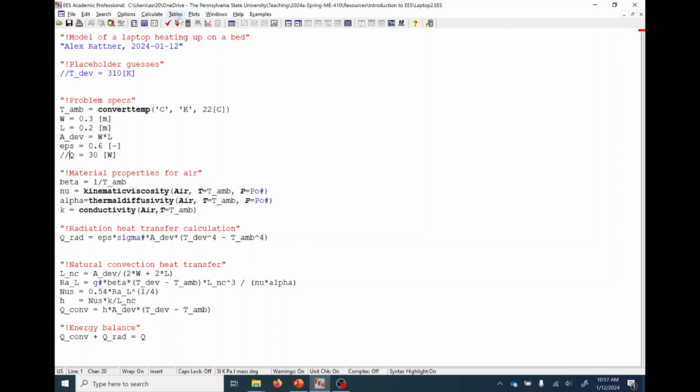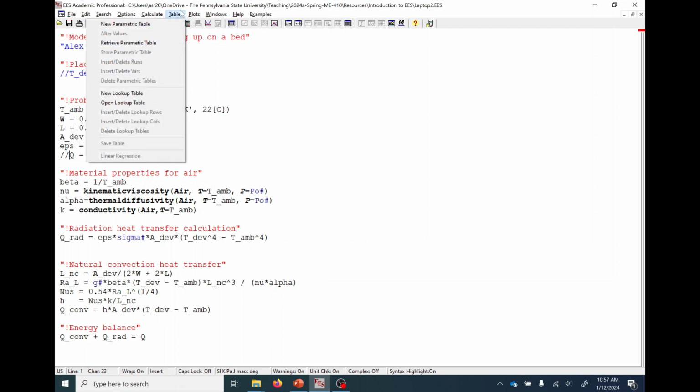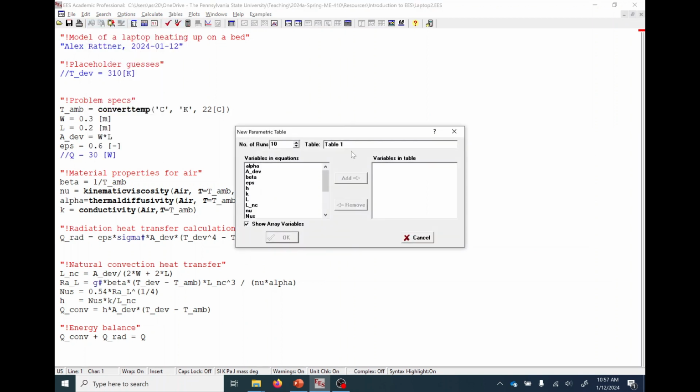So what we can do in EES is remove that guess for now from our program, and we'll make a parametric table. So this is going to be what happens when we vary Q of the laptop. So let's say we're going to run it for 25 different runs. And what we'll do is we are going to look at a few different pieces of information.